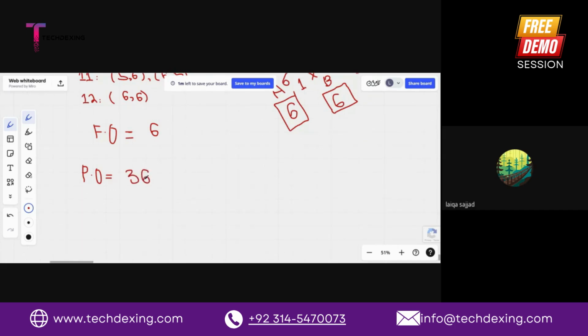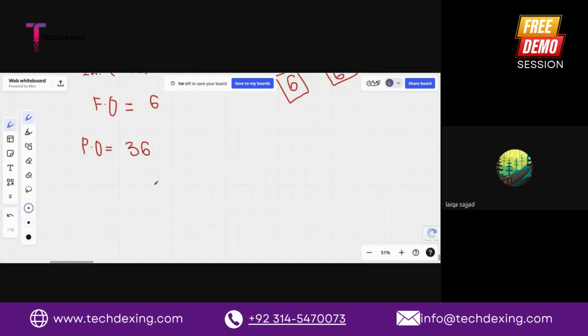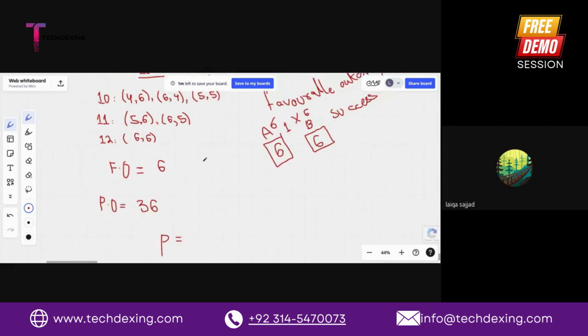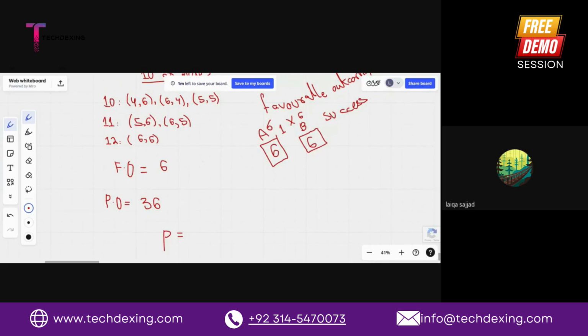And we have calculated that the favorable outcomes are 6. So how can we find the probability for a success? We represent it as P. Probability for a success means the chance that when you roll two dice, you will get a total of 10, 11, or 12, like more than 10.